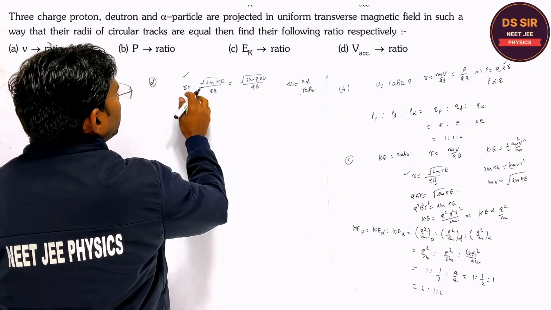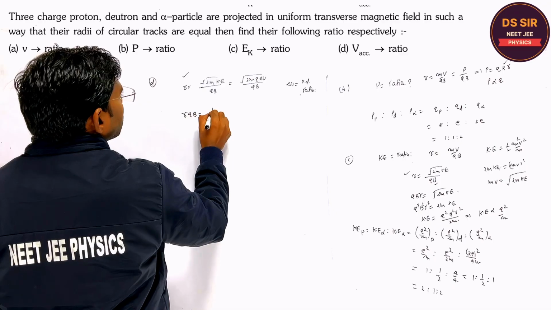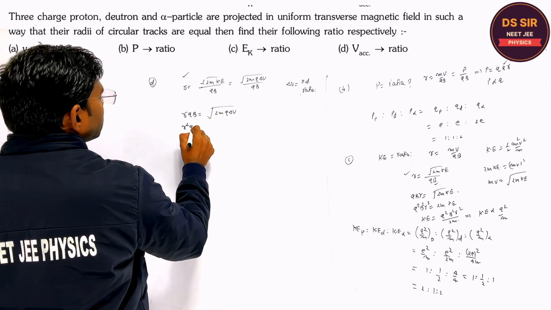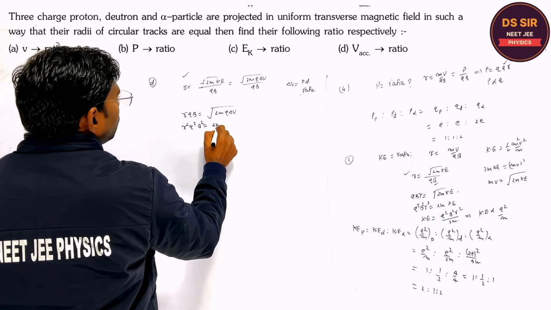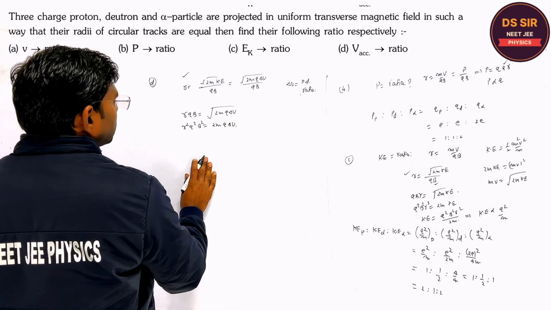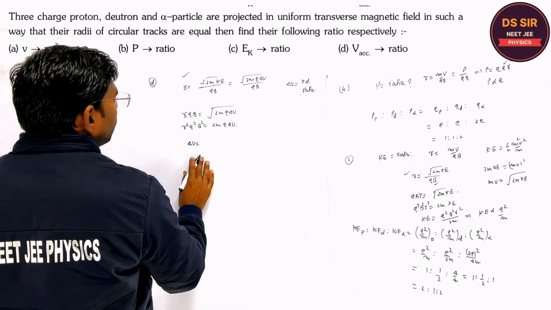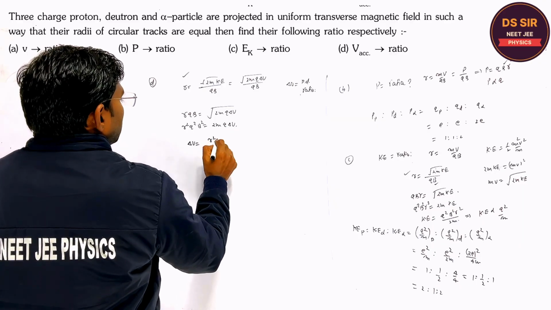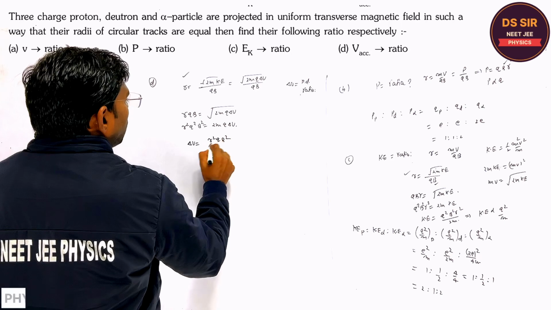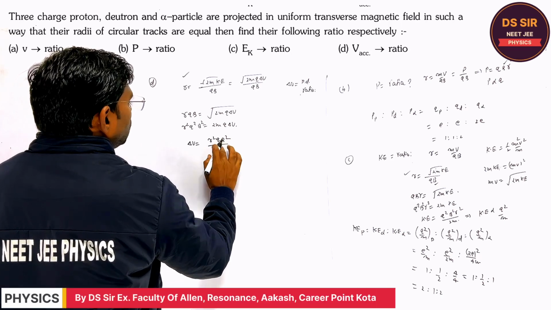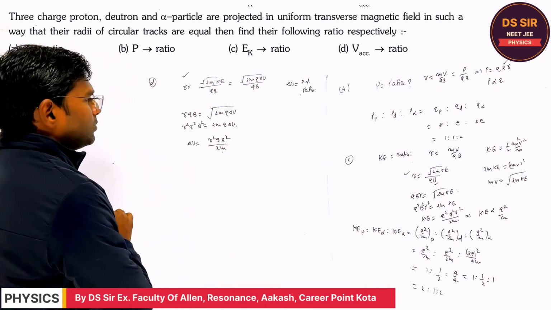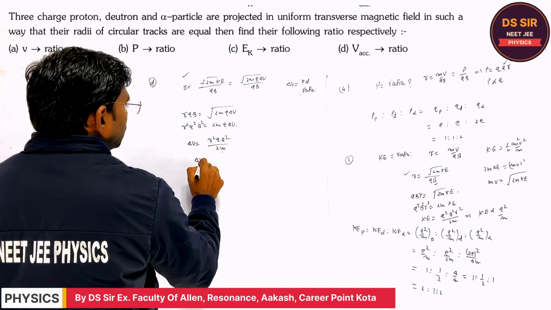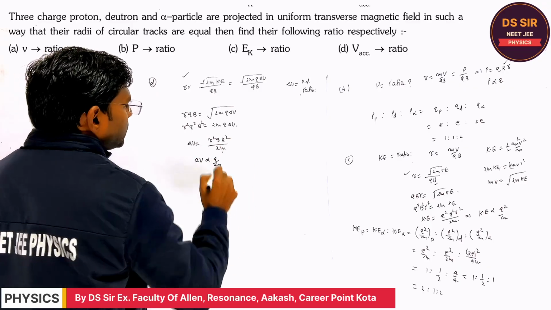So it may be written as r square q square B square equal to 2m into q into delta V. So delta V is r square q B square upon 2m. B and r are the same, so it depends on q by m. Is it clear or not?